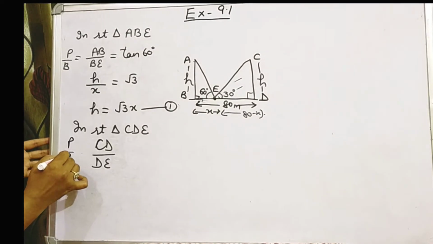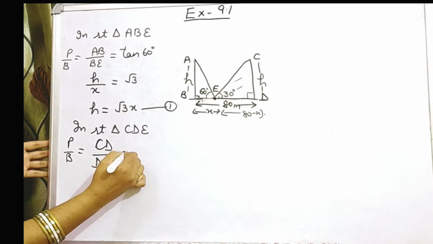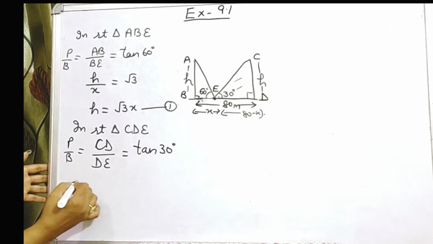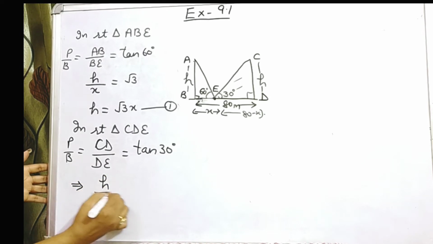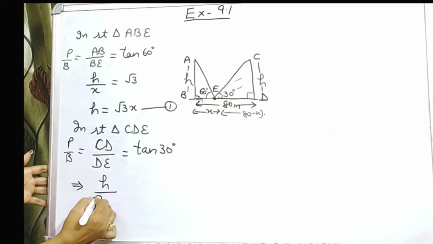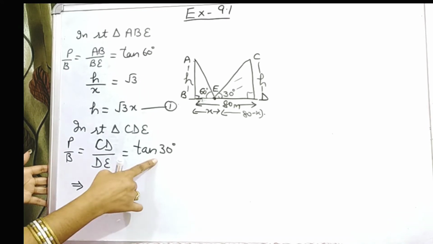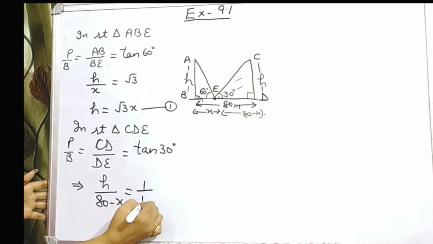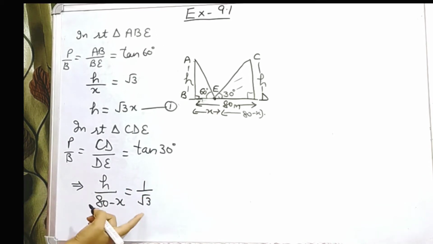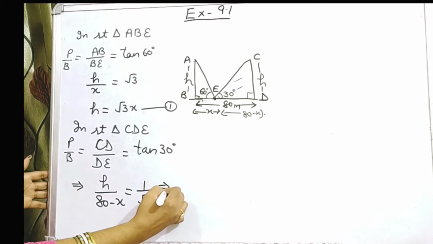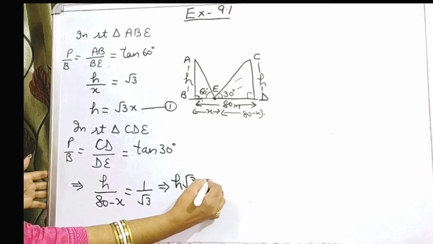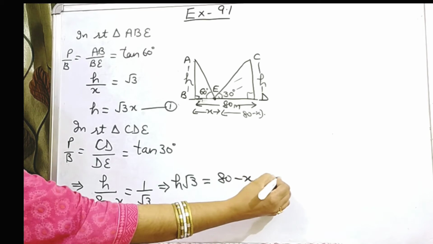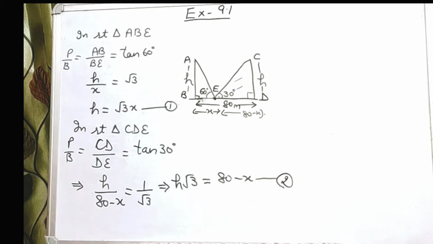So perpendicular by base is tan 30 degrees. Now CD is h and DE we have supposed as 80 minus x. And the value of tan 30 is 1 by root 3. Now just cross multiply this and we get h root 3 is equal to 80 minus x. And this is our second equation.